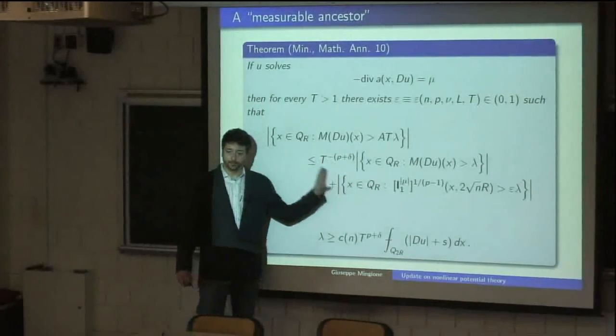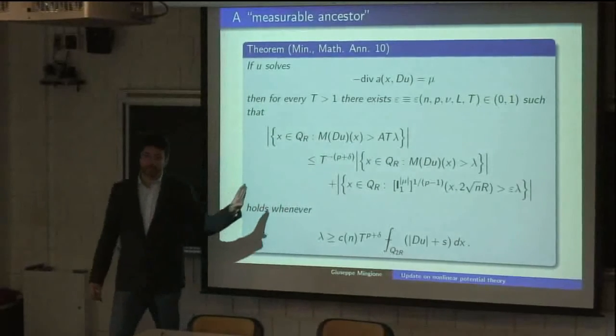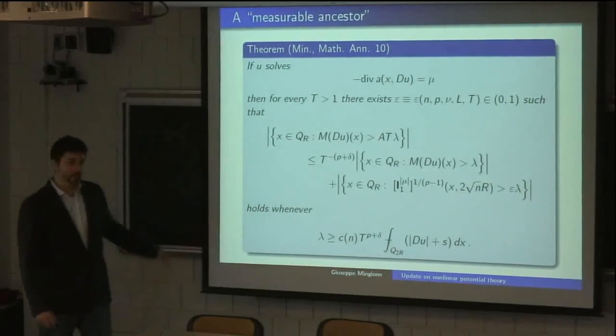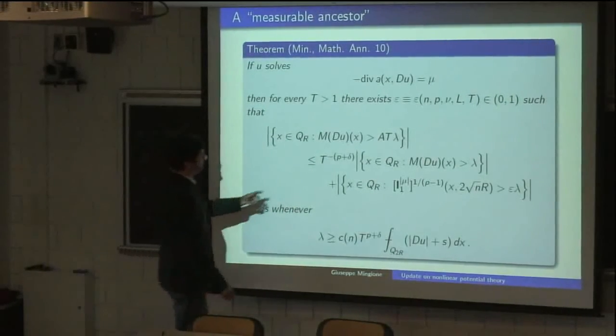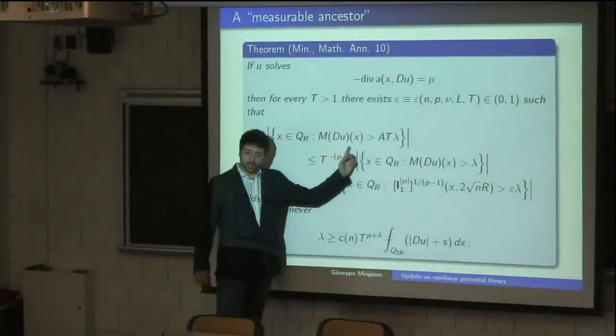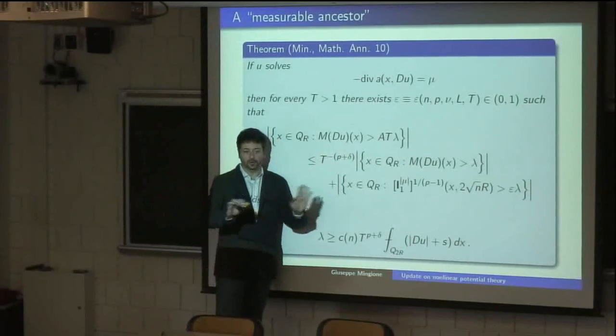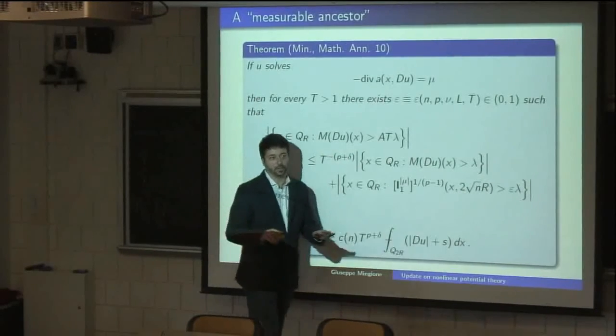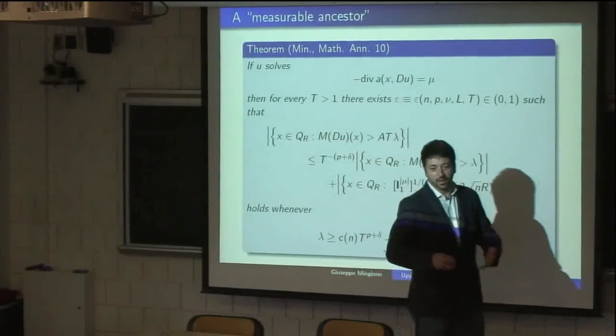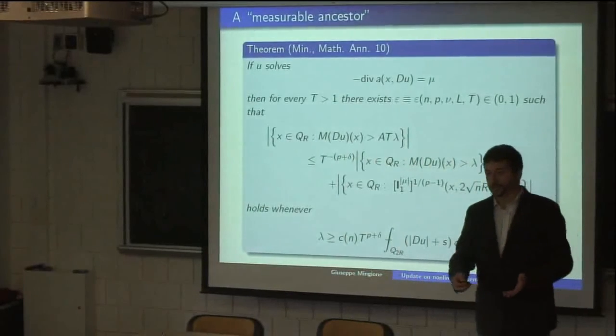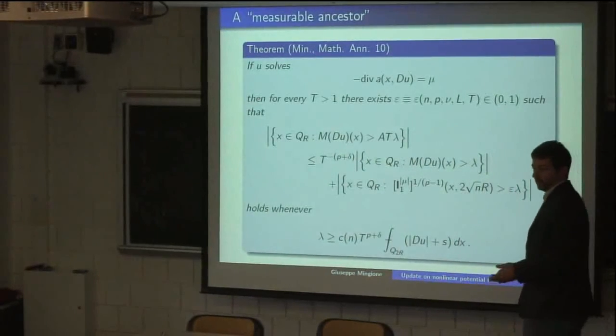So this is the best thing you can do, and therefore what you can prove is a local analog of the estimate. This is rather involved in the formulation, but look here. This is the maximal operator of the gradient, the usual little maximal operator. Just consider the gradients, because if you can bound the level sets of the maximal operator, you can bound the level sets of the gradient.